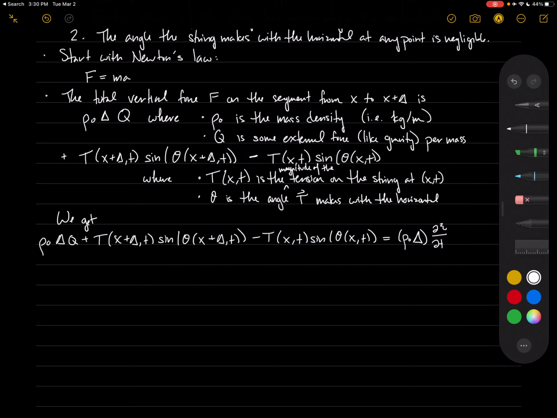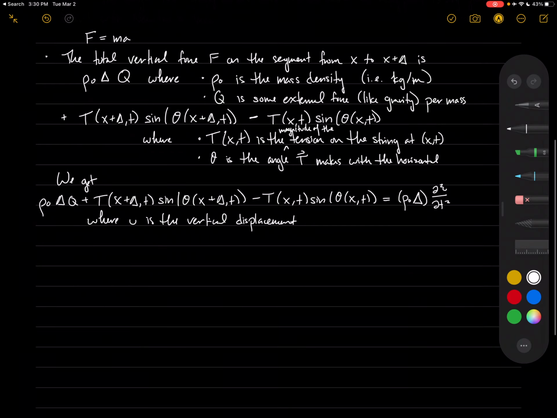So u measures the vertical displacement, and the acceleration is the second time derivative of u.